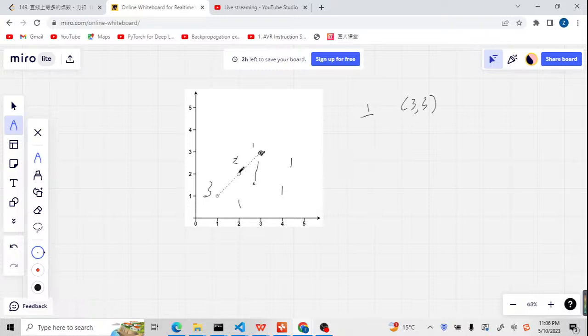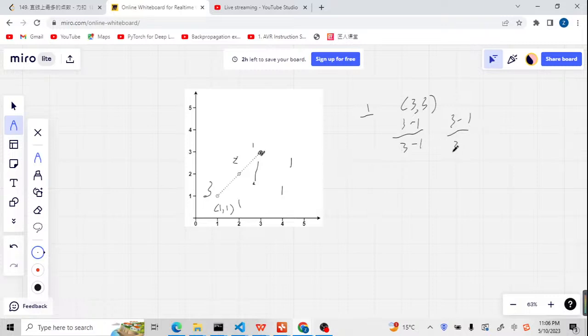But how should we represent the slope? We cannot simply use division with this point (3, 3) and this point (1, 1), like 3 minus 1 divided by 3 minus 1.